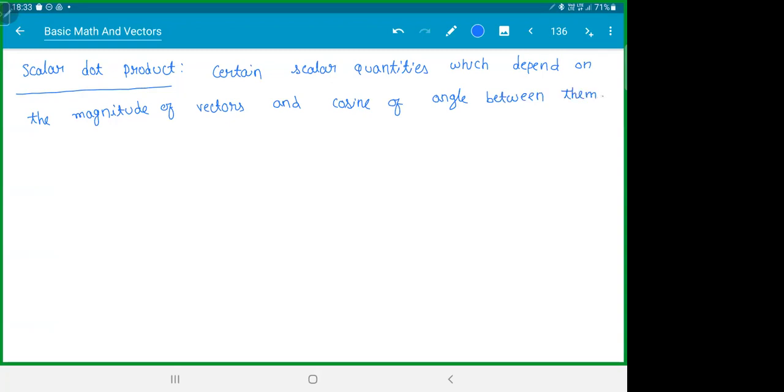What do you mean by this? Example, let's say we have a force F here, we have a displacement here, and the angle is theta.